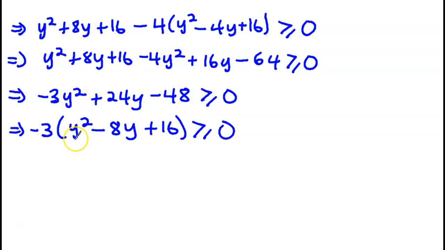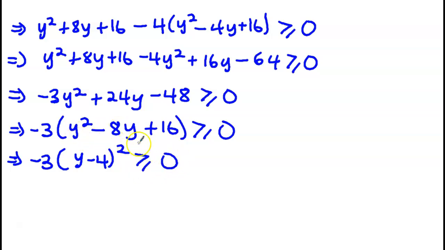So this is a perfect quadratic expression. We can factorize it and have (y - 4)² greater or equal to 0. Just half of this, and then y minus the value that you get, you square. When you expand this, you still get this one.